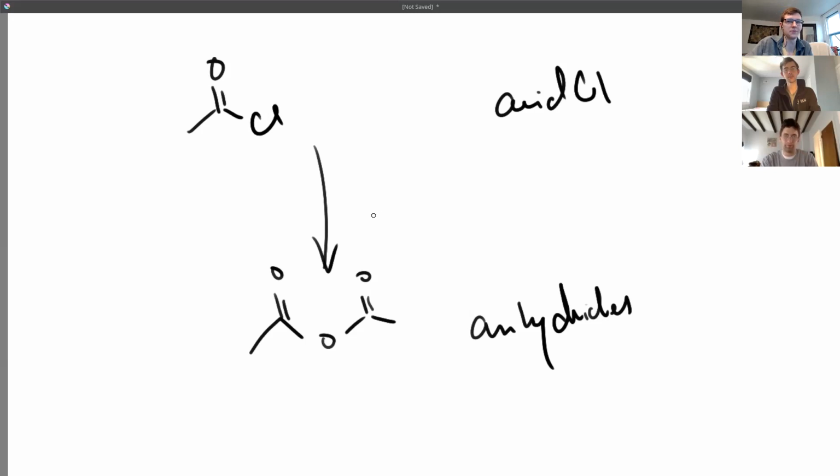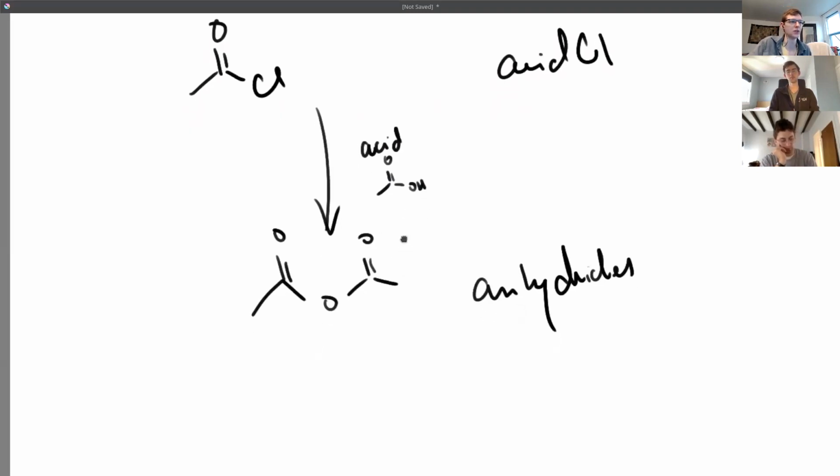Yep. And that's pretty much all you have to do. It's a one-step synthesis, which is pretty nice. I don't know if it's that common that you have to go from acid chloride to anhydride because functionally they do the same thing, but it's useful to have.